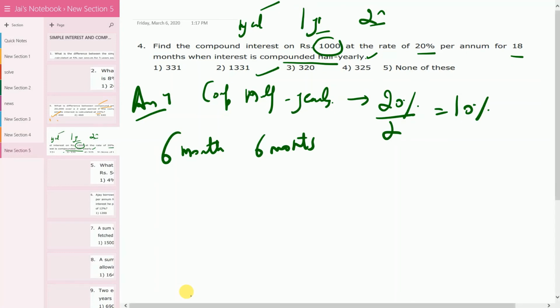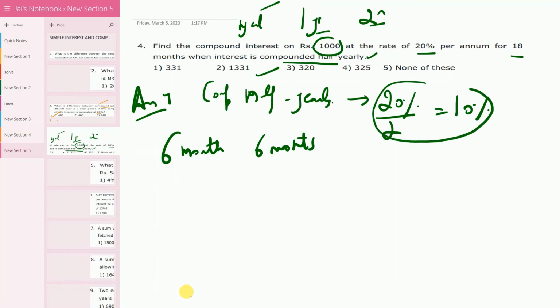So this is the basic difference between compounded half yearly and compounded yearly. So in this question, since half yearly was given, the rate of interest will become 10%. I've simply divided the given rate by 2. Now they are asking it for 18 months. So 18 months simply means the value of n is 3.